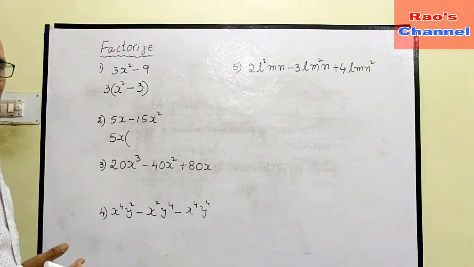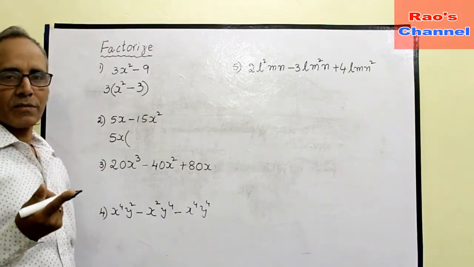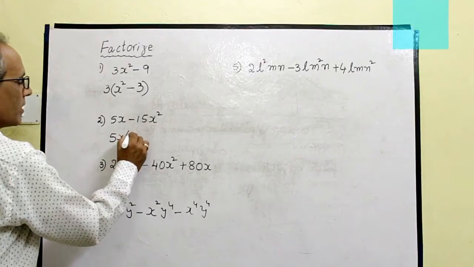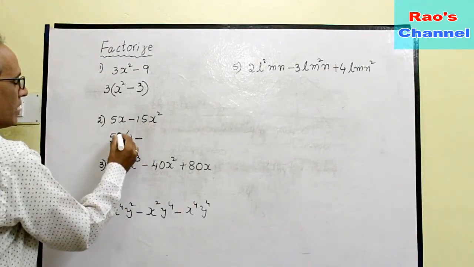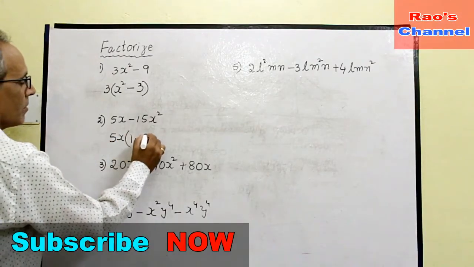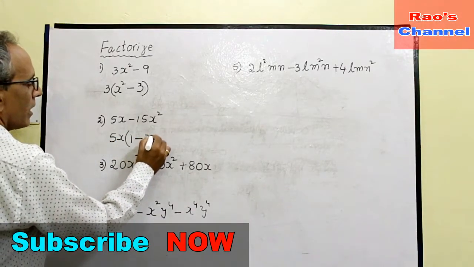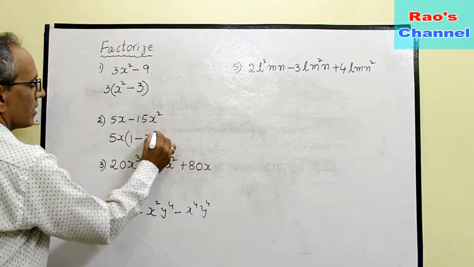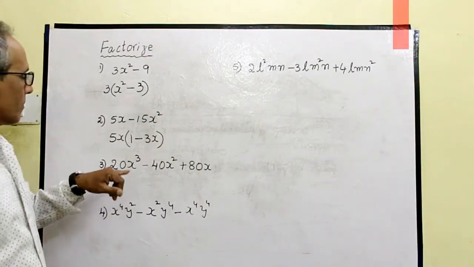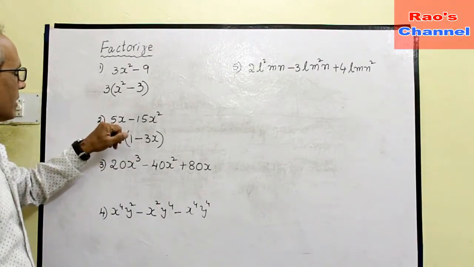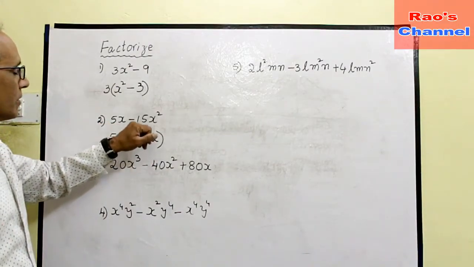Don't say 0. 1 is the common factor of everyone. So I write here 1 in the place of 5x, minus, out of 15, 5 is taken already as a common factor. The rest of the factor is 3 and the rest of the factor of x square is 3x. If we have a doubt, go back by multiplying. 5x into 1, 5x into minus 3x, 15x square.